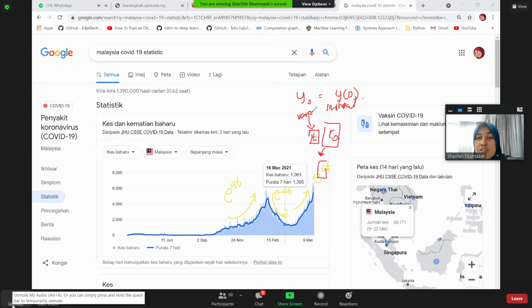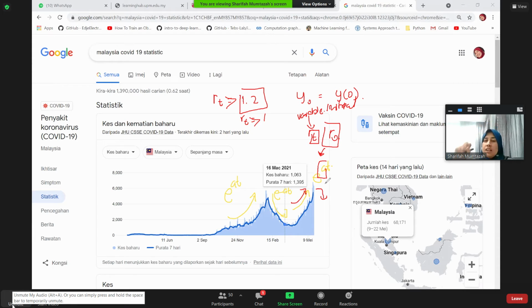So now I think the R(t) maybe varies. Dia ada bagi from negeri ke negeri, but I think it's more than 1.2. Okay, you've learned population dynamics, okay? If R(t) is basically more than 1, it will go in exponential rate. If it is less than 1, it will slightly decay.